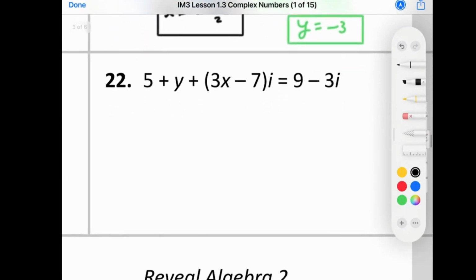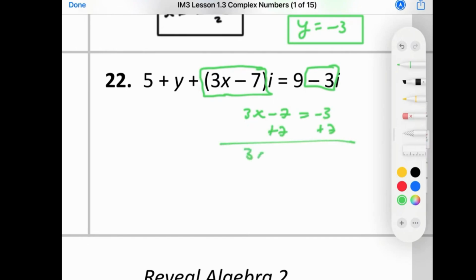Alright, question number 22, same thing. Let's highlight the imaginary part first. So that goes in front of the i. And then you just get to solve a linear equation here. So add 7. I get 3x equals 4.